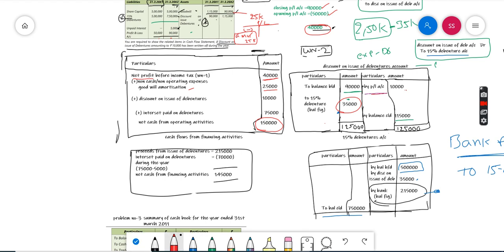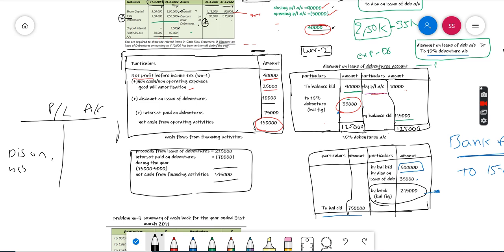Now discount on issue of debentures account in the P&L account again. In P&L account, when you write off the debentures, which is 10,000, you would have written discount on debentures 10,000 in P&L account, right?